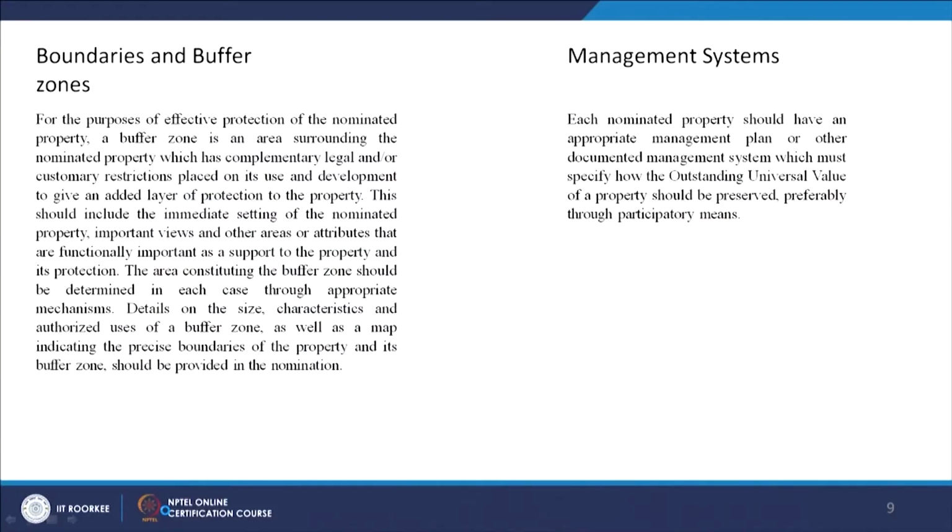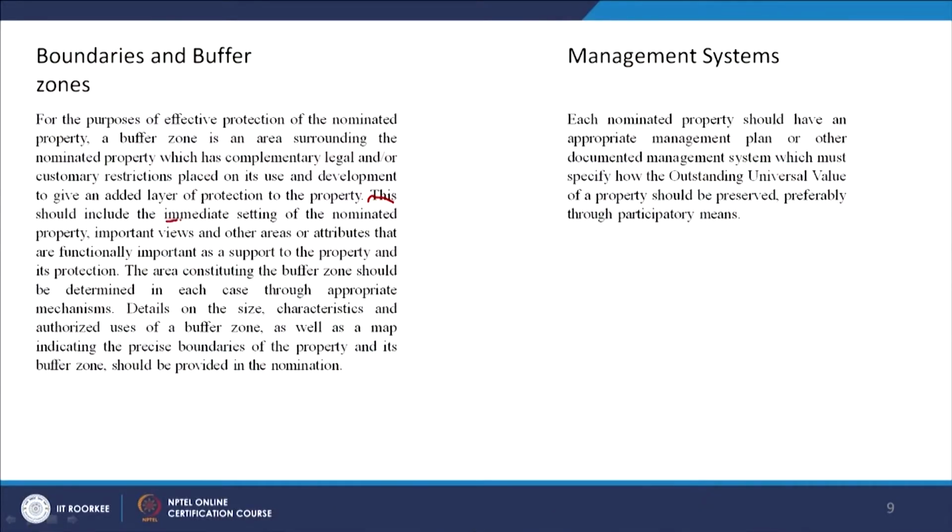And one, it talks about the boundaries. What are the legal boundaries when the heritage property is determined, and what kind of restrictions it imposes, not only on the property, but also on the surrounding precincts?